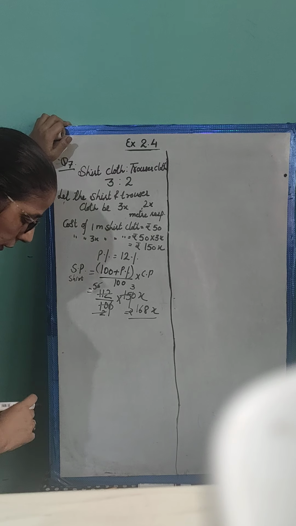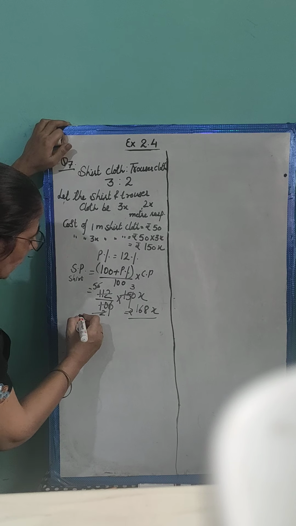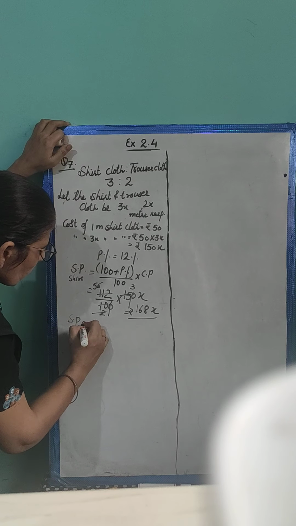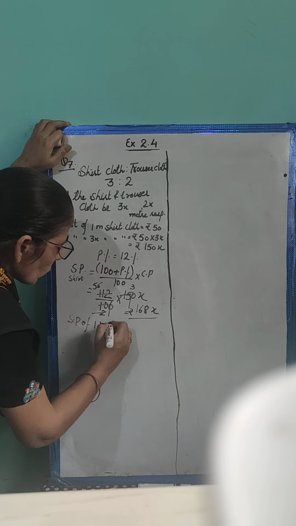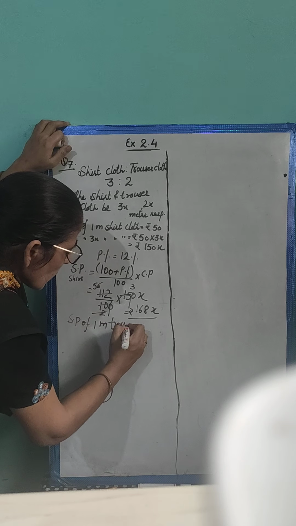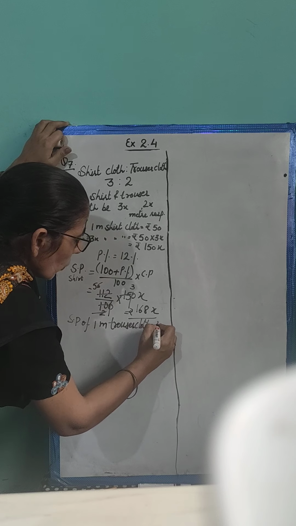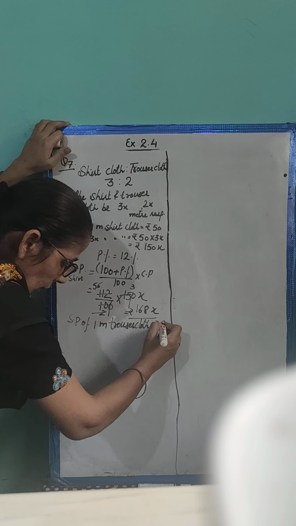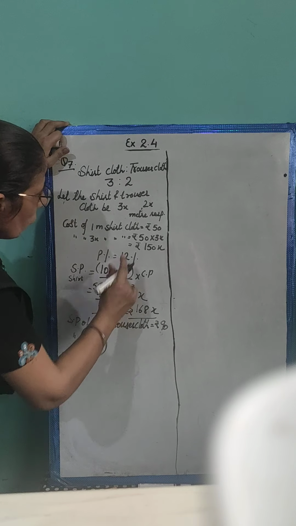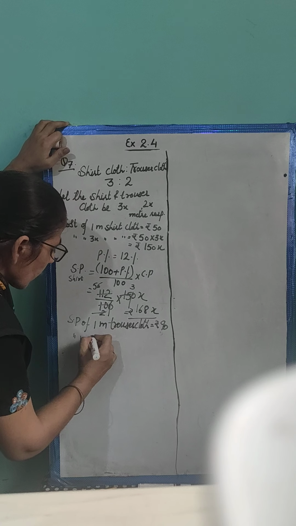What is given here? SP of 1 meter trouser cloth is rupees 90. So SP of how much meter? 2x meter.